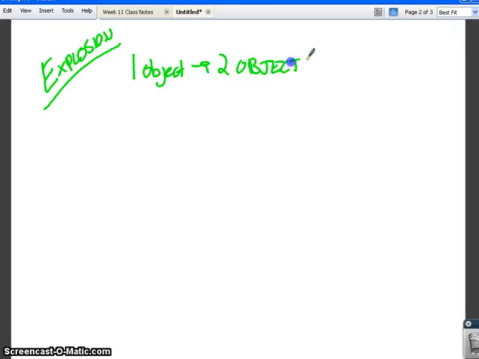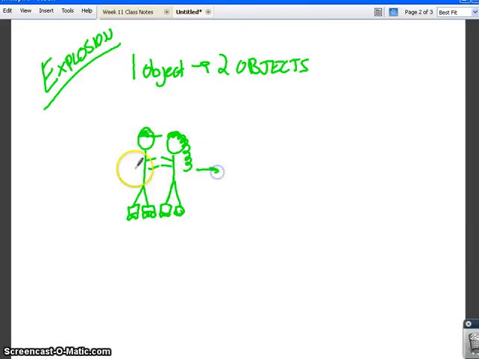Okay? And we're going to take a very classic example that they use in almost every single book, where we have two people on skates, typically a guy and a girl, and what they do is they push off each other. So, okay, here's the guy, here's the girl, and they push off and they go in different directions.